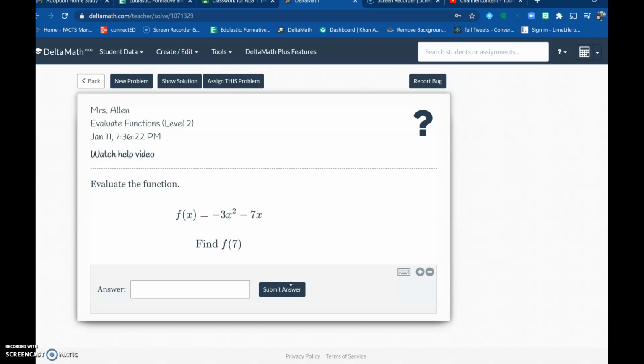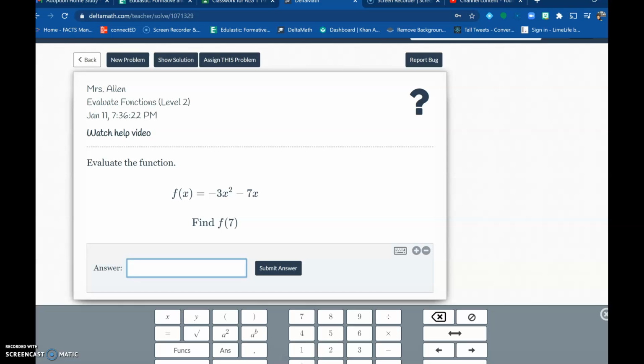So f of 7 would be to take negative 3 times 7 squared minus 7 times 7. So negative 3 times 49 minus 49. Negative 3 times 49 is negative 147, minus 49, which would give you negative 196.